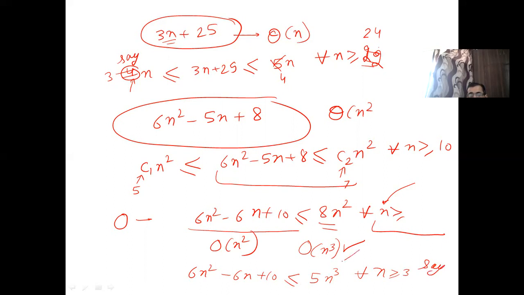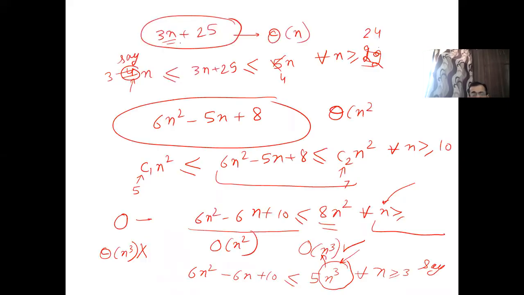So n cube might satisfy this. In that case, I can claim big O to be n cube, but theta of n cube will be incorrect.